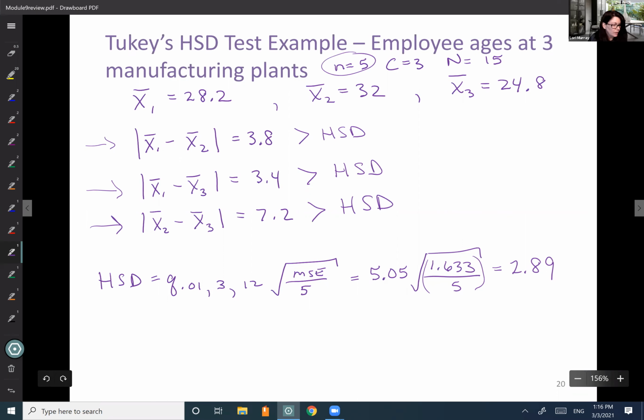So we can conclude then that all pairs of means are statistically significant because they are all greater than the critical difference, the HSD value 2.89. Right, and that is how you conduct the Tukey's HSD test.